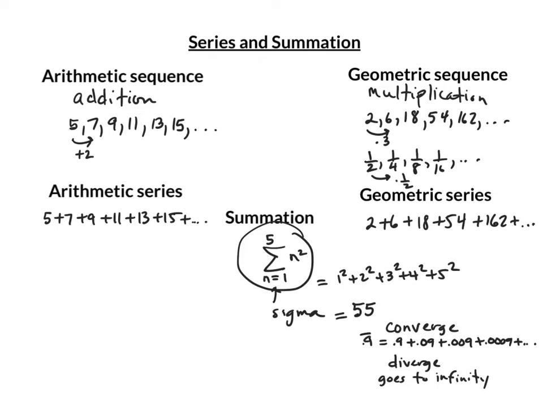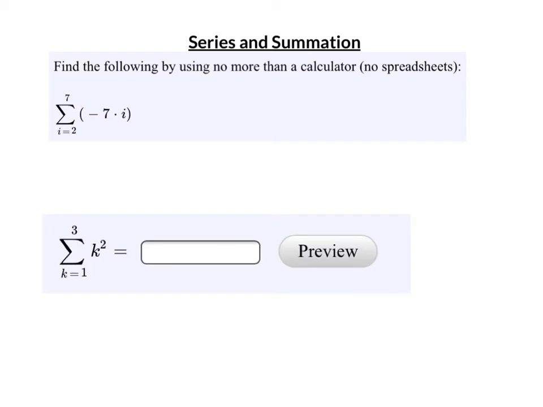You could also use spreadsheets and the brute force method. Before we get to some of the questions that approach infinity, here is just some practice with summation notation, seeing that you understand how it works.